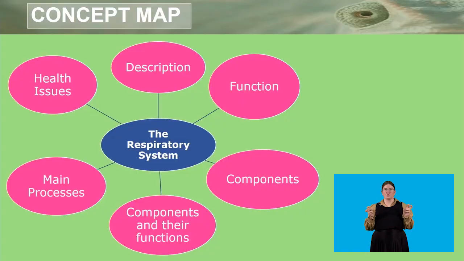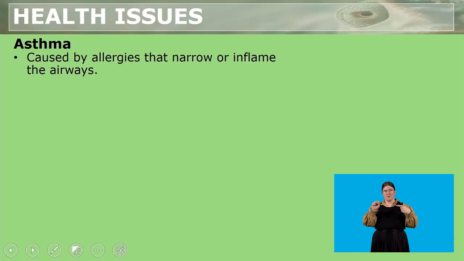Lastly, on our concept map, we have health issues. We will be looking at health issues related to the respiratory system. And the first health issue is asthma. Asthma is caused by allergies that narrow or inflame the airways.